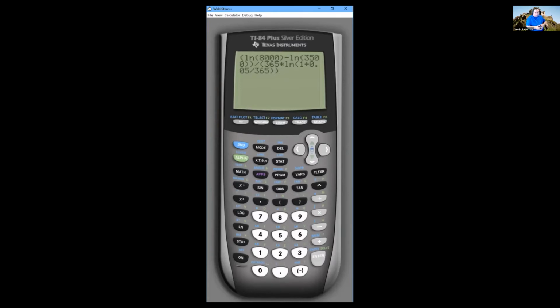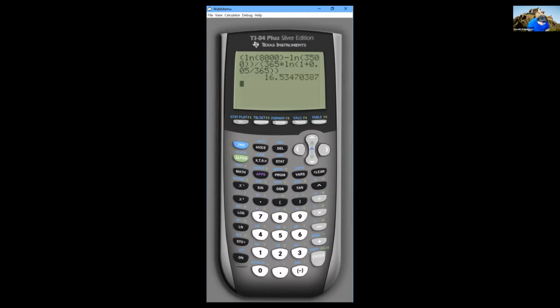Now, if you scan through all those brackets, there should always be an even number. So if you can count 12 or 14, that's good. If you count them and there's only 11, you've missed one, and that could well cause problems. Fingers crossed I didn't miss one.